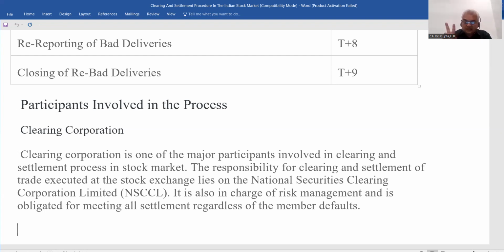So it means there are three entities involved. One is the clearing bank, another is the clearing member, and then is the clearing corporation. So clearing corporation and clearing bank are different. Similarly, clearing member and clearing bank are different. So every clearing member needs to maintain.